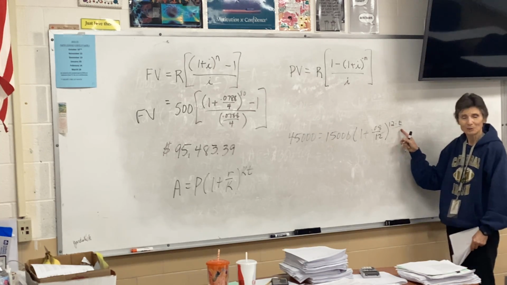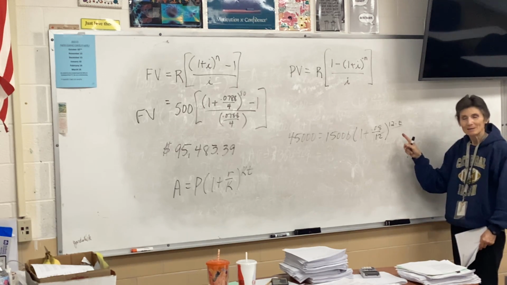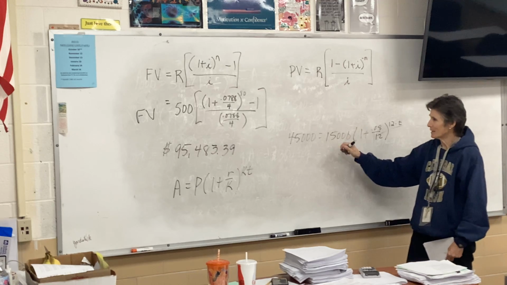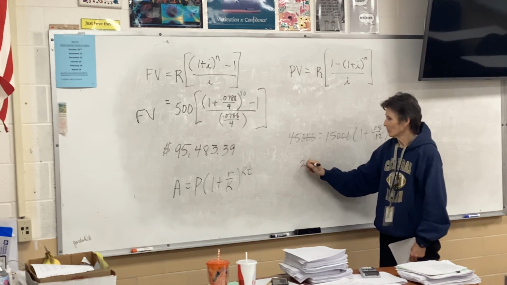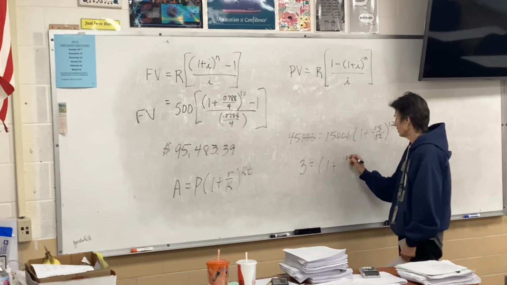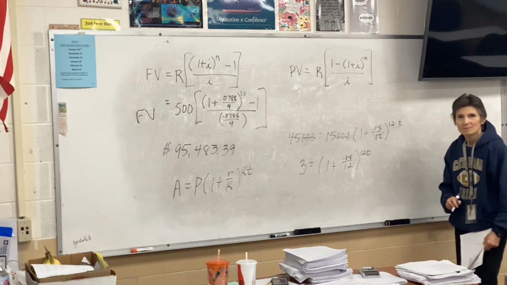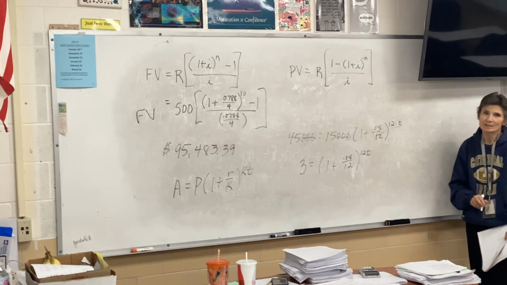Don't know it. Look where that variable is. We're going to need logarithms, aren't we? First thing we're going to do, though, is divide by this 15,000. So it looks like 3 equals 1 plus 0.08 divided by 12, to the 12t. This is exactly like the one we did earlier.